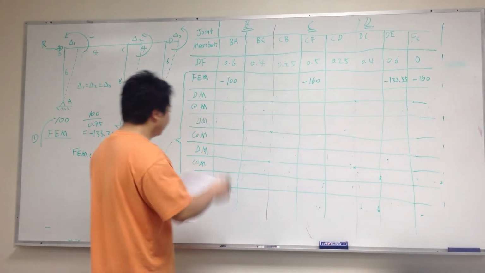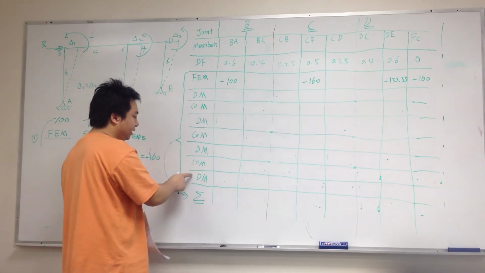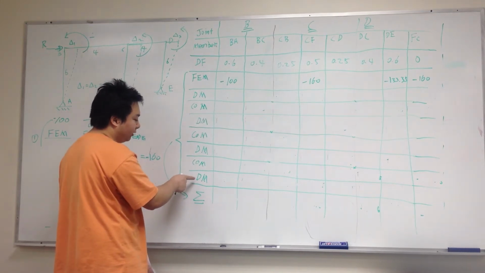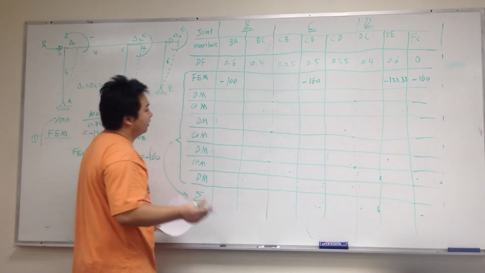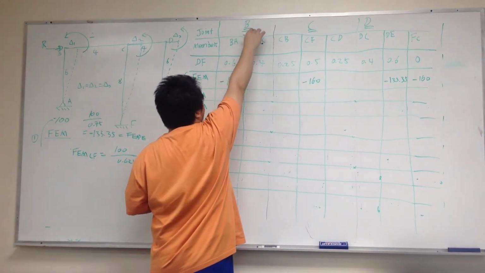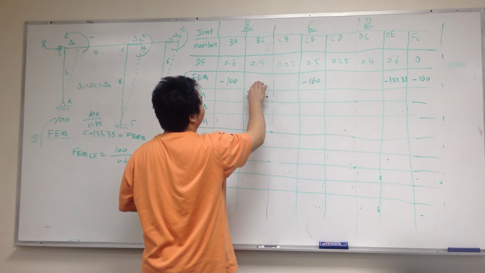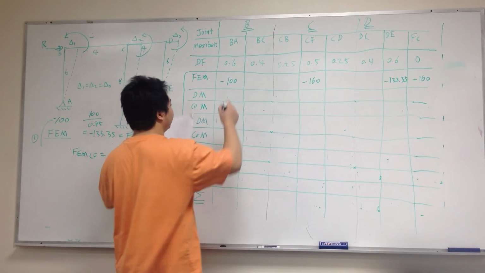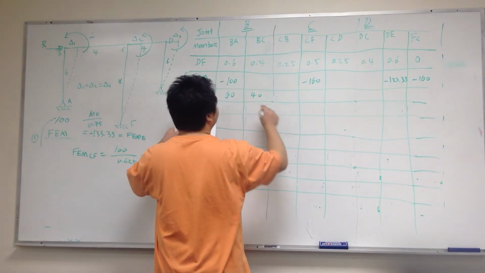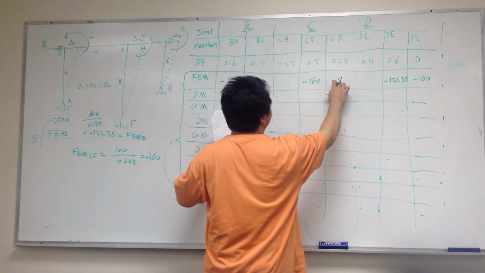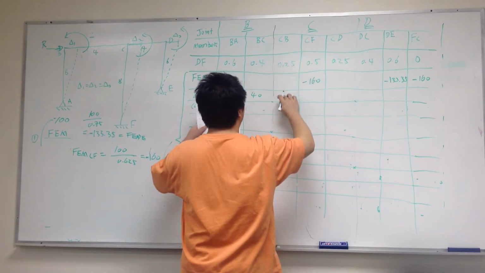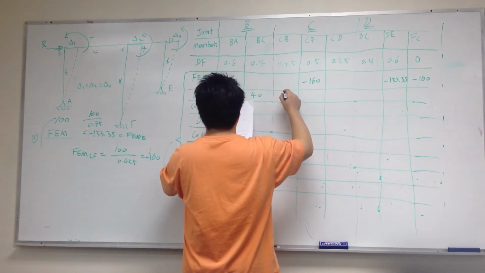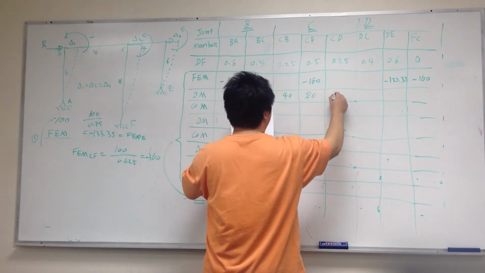Same thing. You have to do it 3 times, and after the number 3 carry over moment, you have to do one more time the distributed moment, and you just sum them. So for joint B, you add this, and then times the factors. This negative times this number becomes positive, so you're gonna have 60, 40. This one you have to add this and this. It's the same thing as you did before, right? Okay, just write down all the numbers.